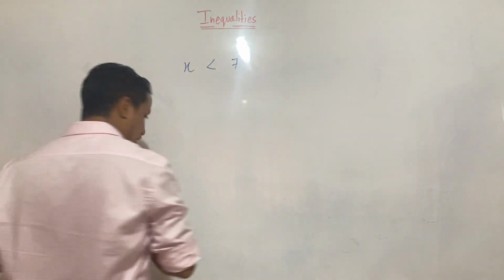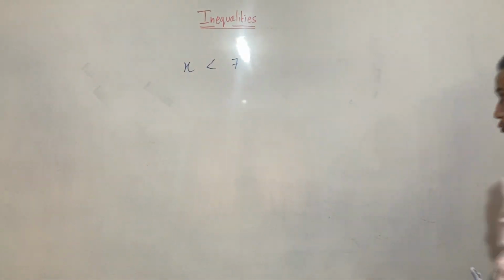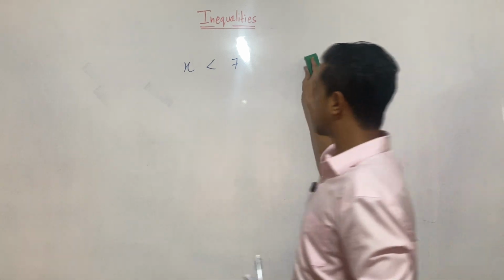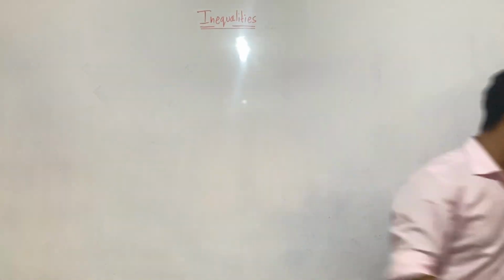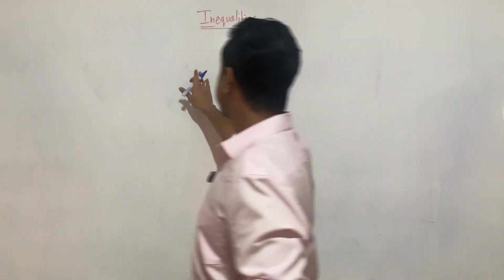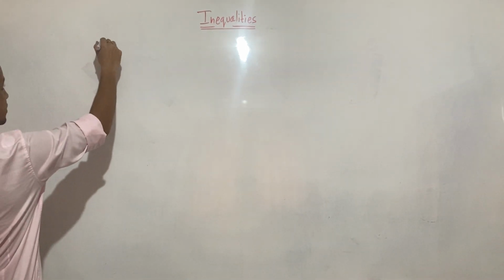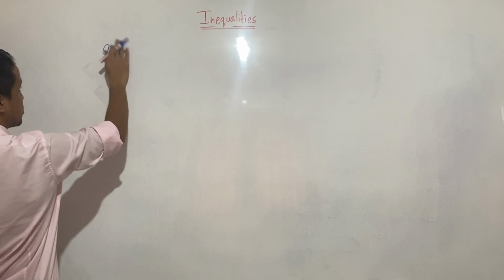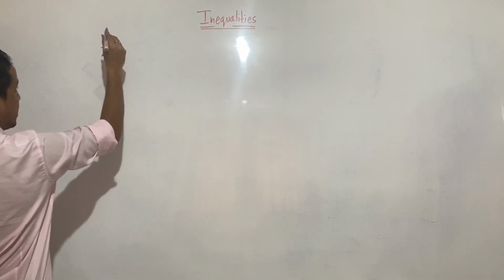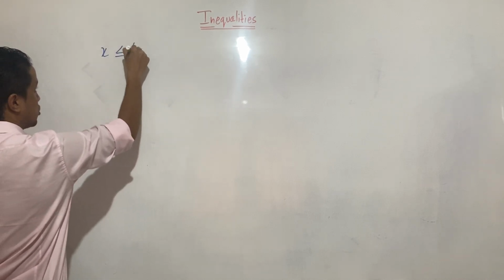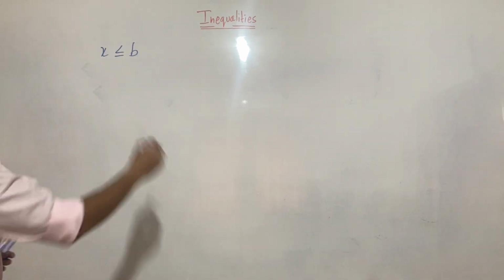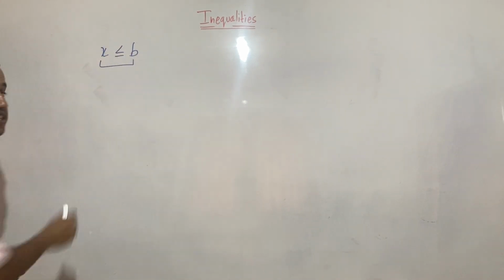So in this session we are going to discuss some of its properties. Let's say that x is less than or equal to b. This is the given inequality. What does it mean?